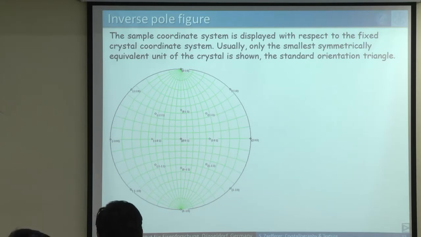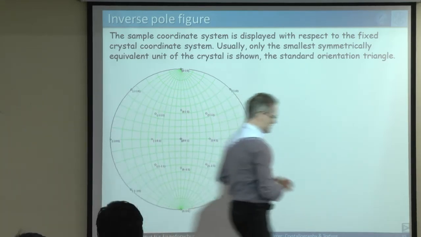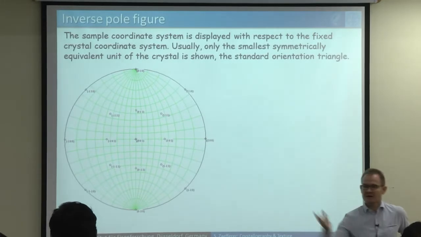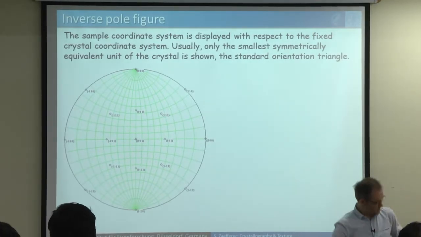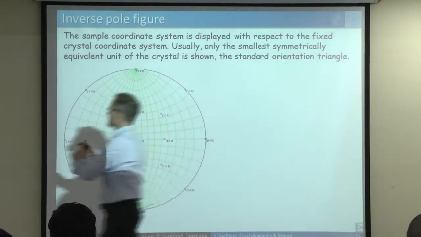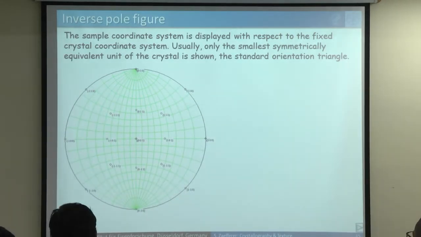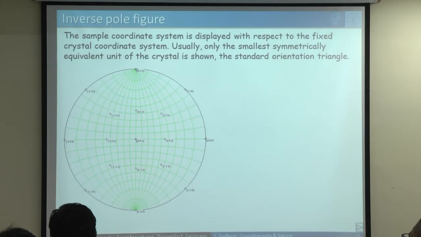So now I should not draw on that one here. For example, sorry, I'm running too much back and forth. Let's assume my crystal orientation was found to be (100), with round brackets, [001]. Okay, that was my HKL, UVW.